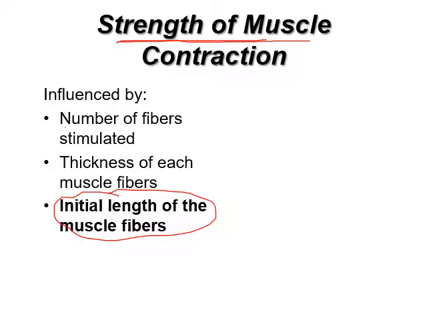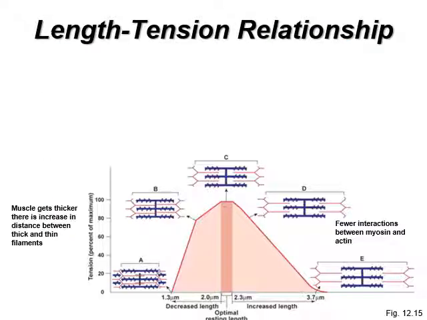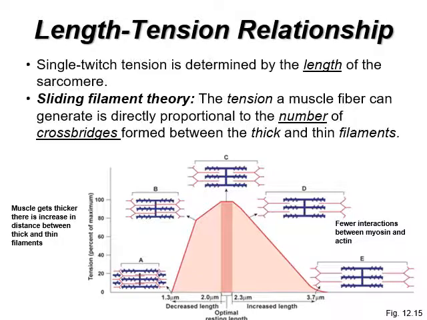So that brings us to the length tension relationship. Basically, the simple component is: at what length will I create the greatest tension? That length is where I can get the most cross bridging between the actin and myosin.